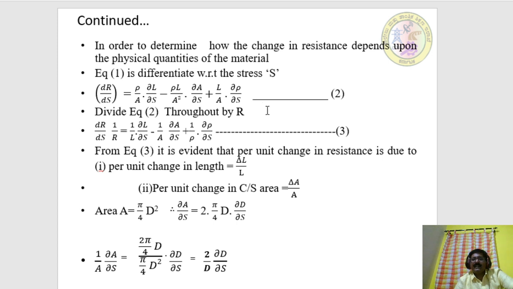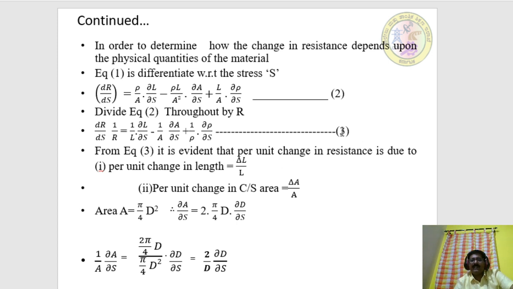Now we will divide equation 2 throughout by R. Then dR by dS into 1 by R is equal to 1 by L dou L by dou S minus 1 by A dou A by dou S plus 1 by rho dou rho by dou S. I will call this equation 3.